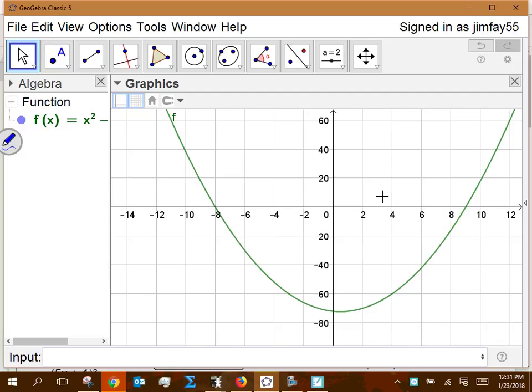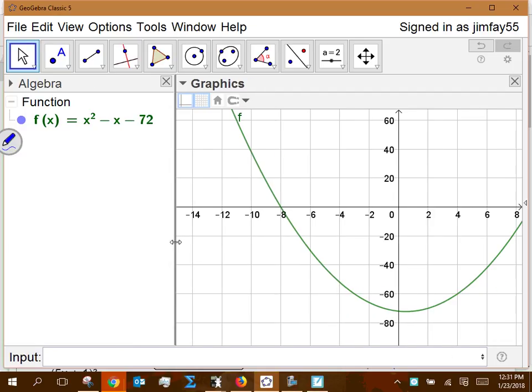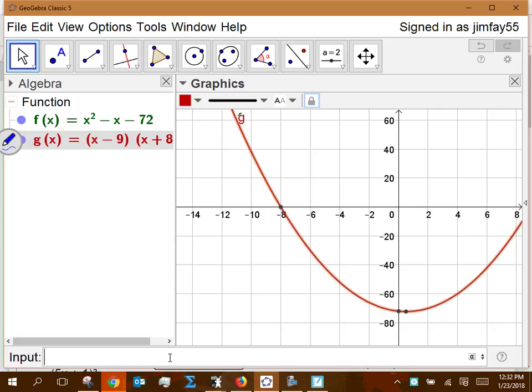Okay, so I get that parabola, right? Well, if I write that equation as x minus 9 times x plus 8, do you see it? The red curve goes on top of the green one? So does that prove to you visually that those two things are the same? Okay.